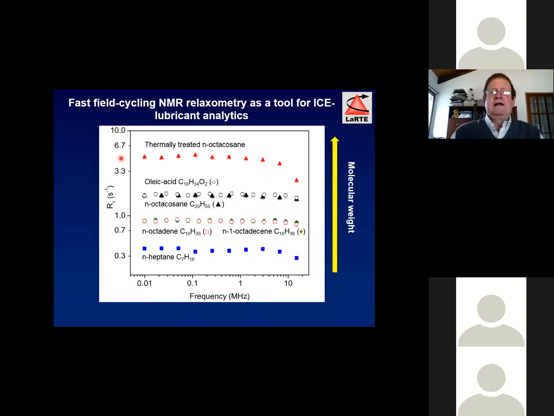So here we analyze different molecules with different molecular weights, just to try to understand the influence of the molecular weight and also the presence of oxygen. You see that, for example, here we have 18 carbons like here, but with the presence of oxygen, R1 is higher. And this is the degraded sample here.